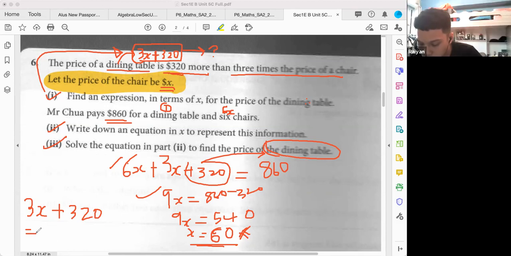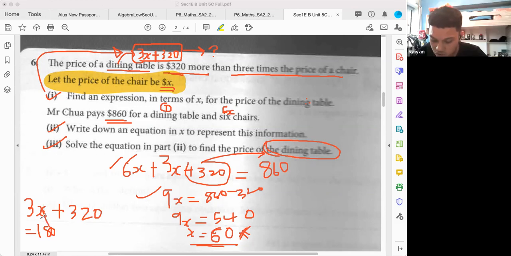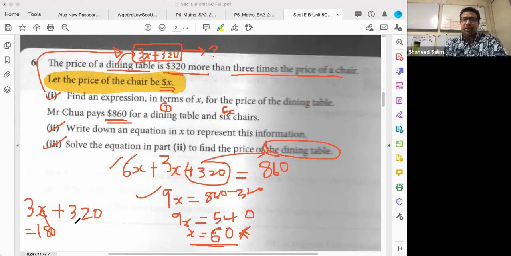19200. Okay, you times 60? 3 times 60, how much do you get? 180. I never do that, I just take 320 times by 60. Cannot times 60 lah. Down here, see the equation.